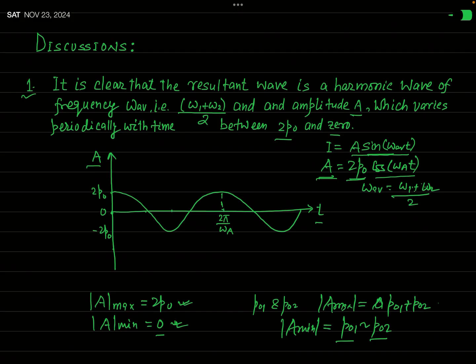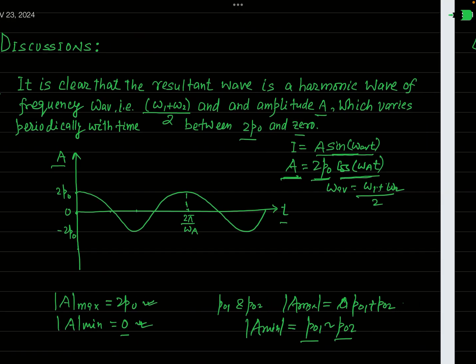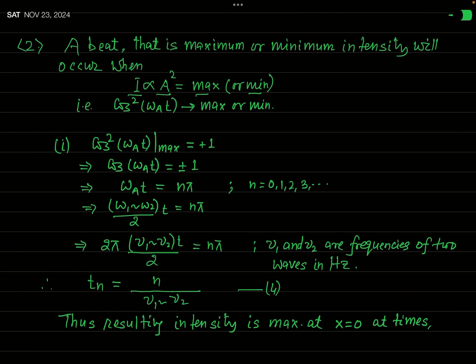But 4p naught square is a constant factor. So whether A square is maximum or minimum will be decided by cos square omega A t. So when cos square omega A t is maximum, then intensity will be maximum, and when it is minimum, then intensity will be minimum.